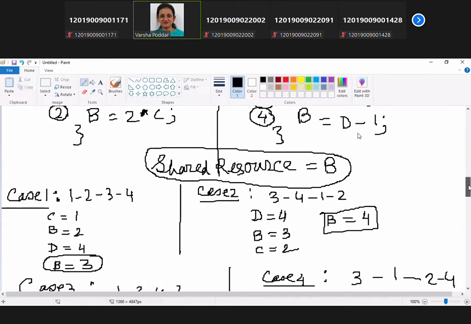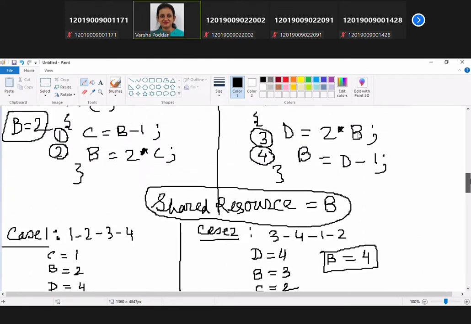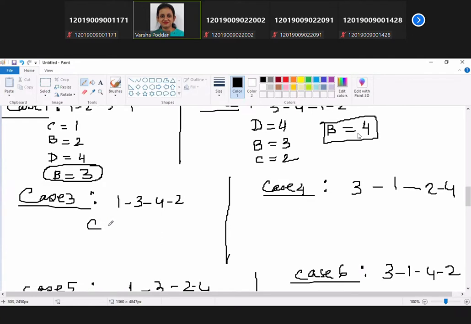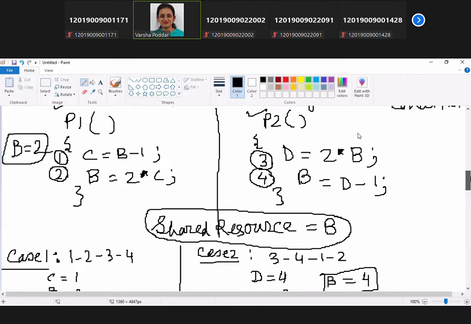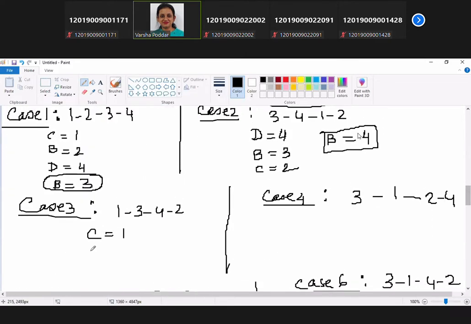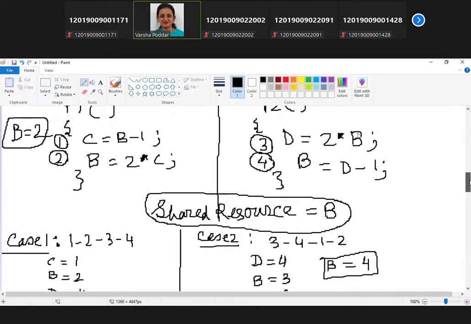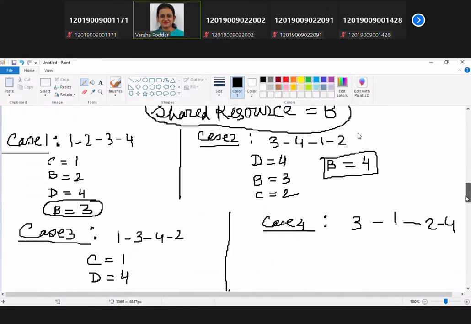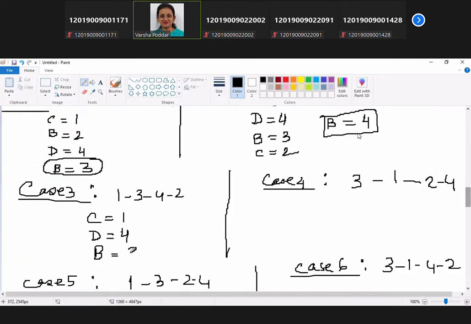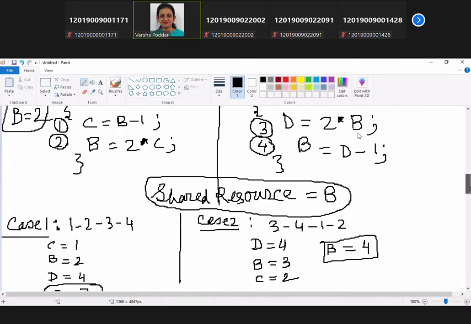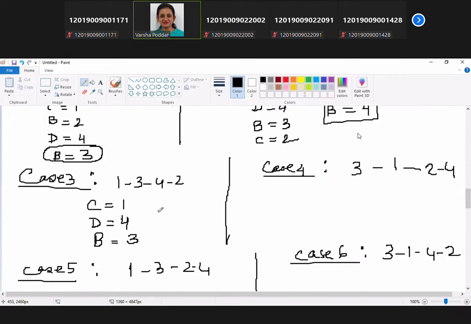Next 1, 3, 4, 2. 1 is C equals to B minus 1. 3 is D equals to 2 into B, initial value of B is 2. 4 is B equals to D minus 1, and 2 is B equals to 2 into C. The final value of B is 2.